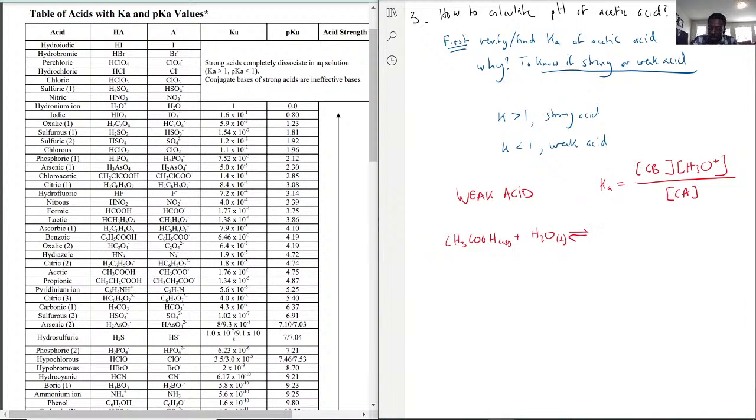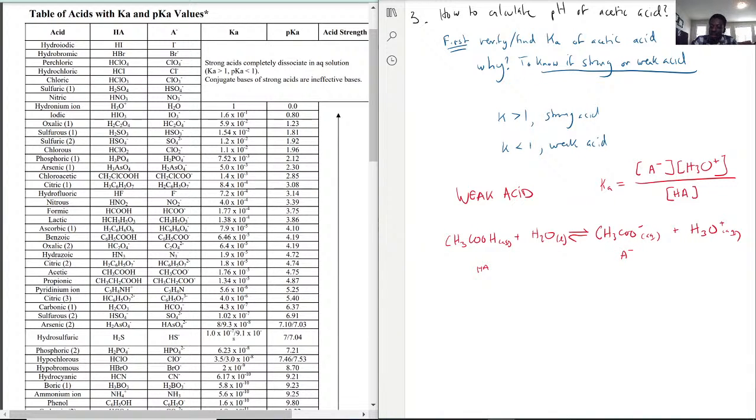It forms CH3COO-, the conjugate base, plus H3O+. Typically you would see A- instead of CB, because it just lost a hydrogen, and HA there. So this is your HA and this is your A-.